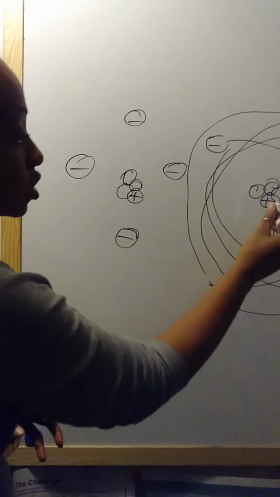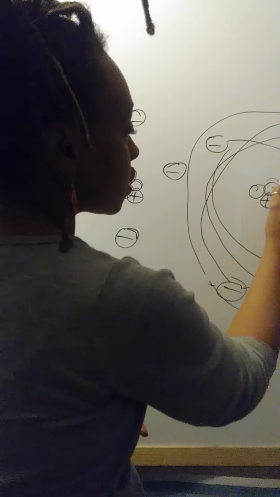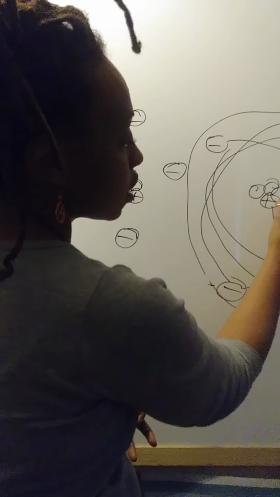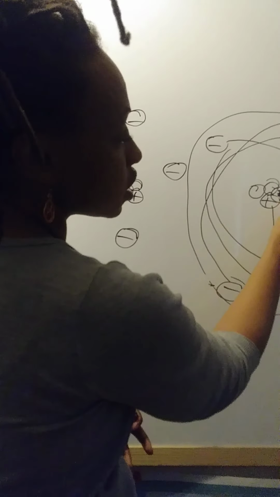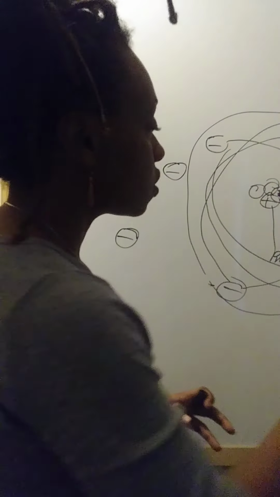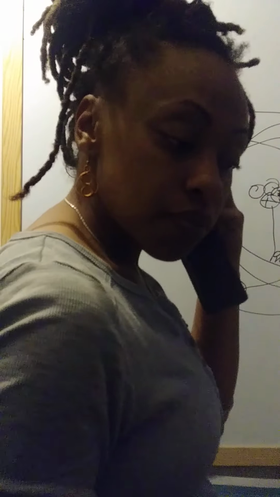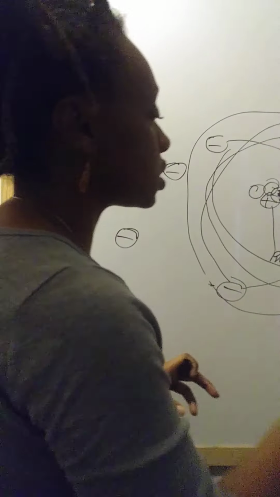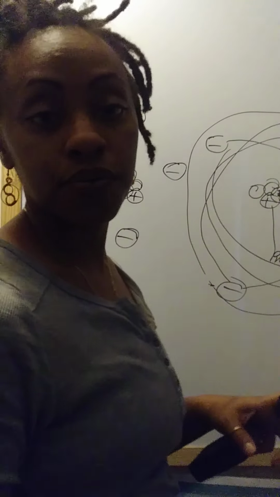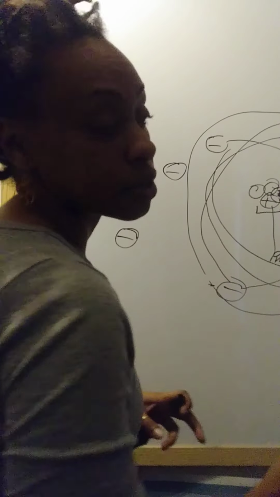So I have a particular energy inside of me that's neutral, meaning it doesn't have any charge at all. It's willing. It's neutral, a neutron. And then we also have what I would like to call magnetism, right here with a proton.